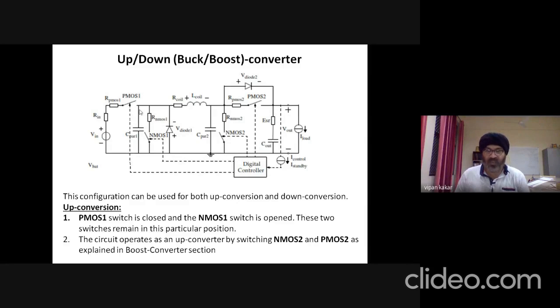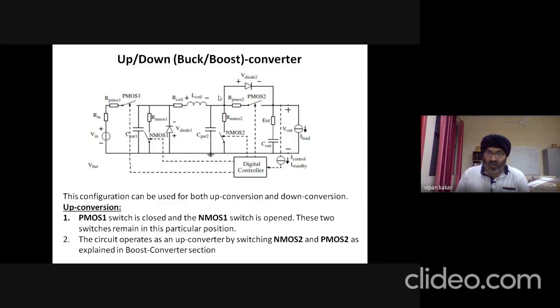So when PMOS 1 is fixed to an on position over here, the circuit will follow this path. The voltage is connected to the coil now because PMOS 1 is switched on, and now the coil starts to get energized. And then the operation of the boost converter will follow.